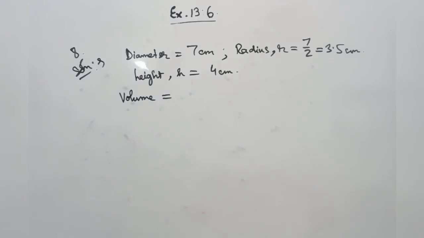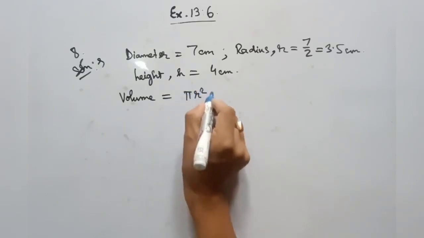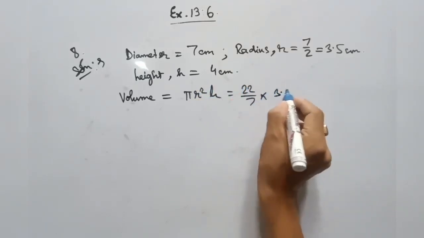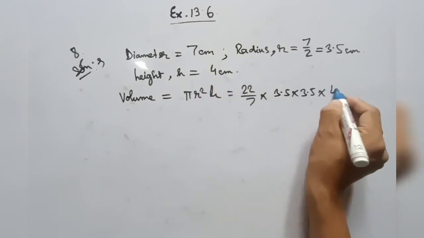Now let us find the volume of the soup. Volume of the soup served per bowl, or per patient, will be equal to pi r square h, equal to 22 by 7 into 3.5 into 3.5 into the height, which is 4.